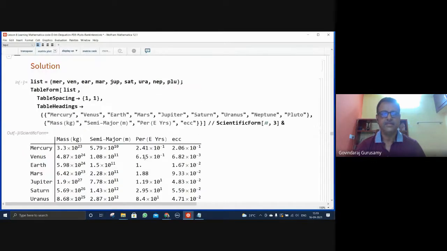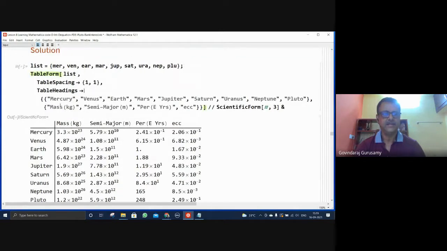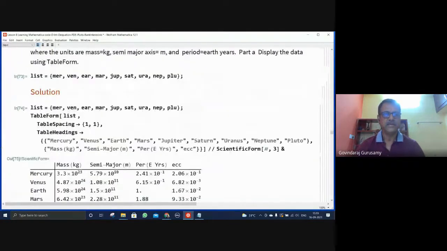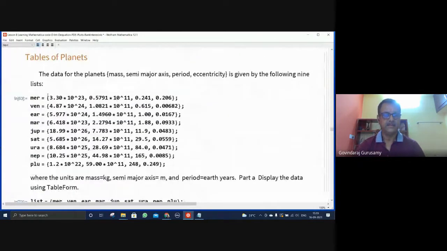Now we have this, and Shift-Enter. If I do that for this, I get this table. That is what he is asking to do. So you know how to create a table, a set of data that are available for each one of the planets.